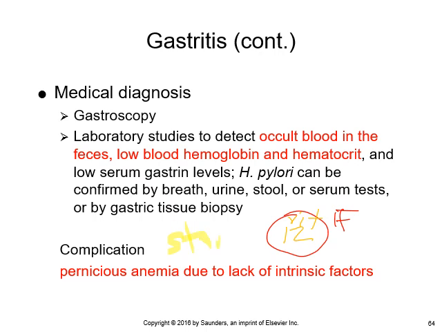So now when there is a problem with the stomach, there is a problem with the intrinsic factor, and then that coating for vitamin B12 is gone, and it could be destroyed before it gets to the small intestine.